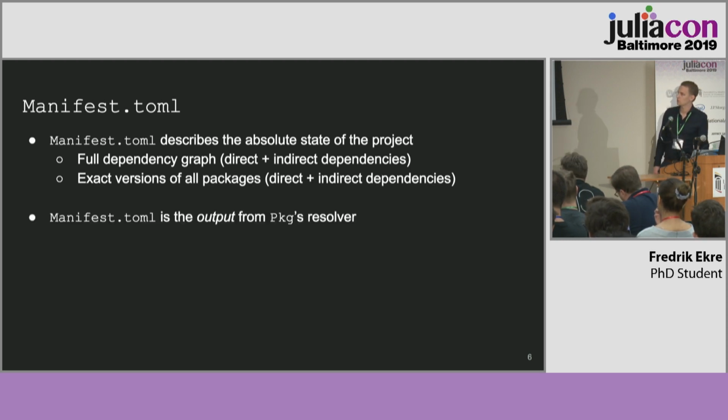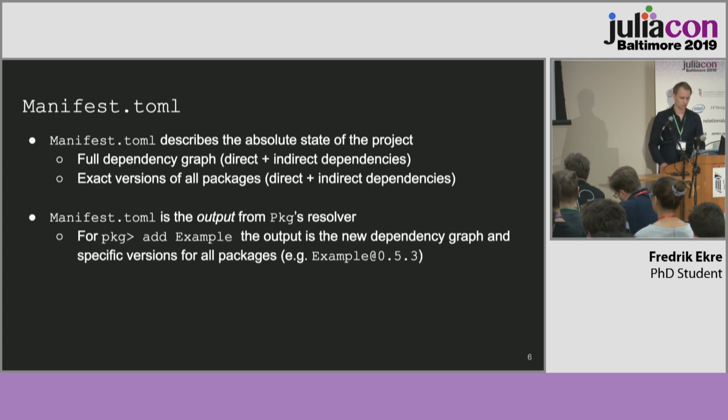You can also think of the manifest as the output from the resolver, so basically the result of what versions we got. So again, if we try to add the Example package, the output is a new dependency graph, and in particular, a specific version for the package that we added.